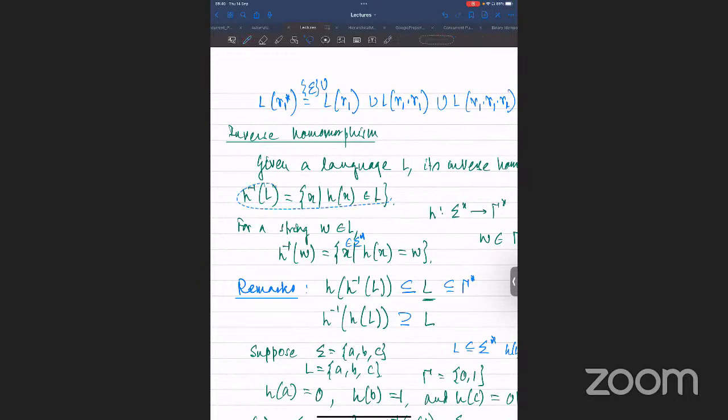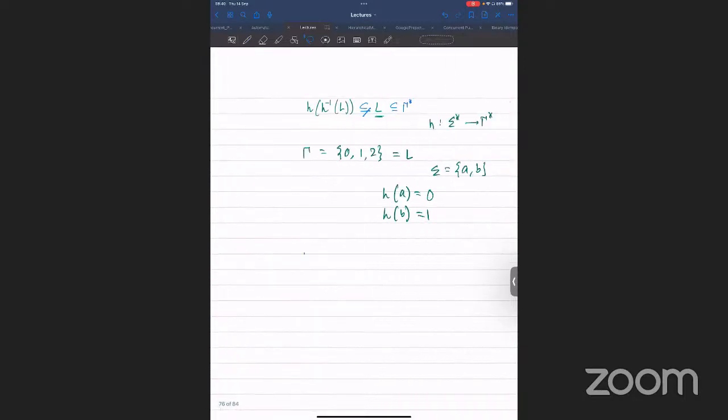So let's bring this here. So H inverse of L is this set, such that Hx belongs to L, right? So now what is the H inverse of L?